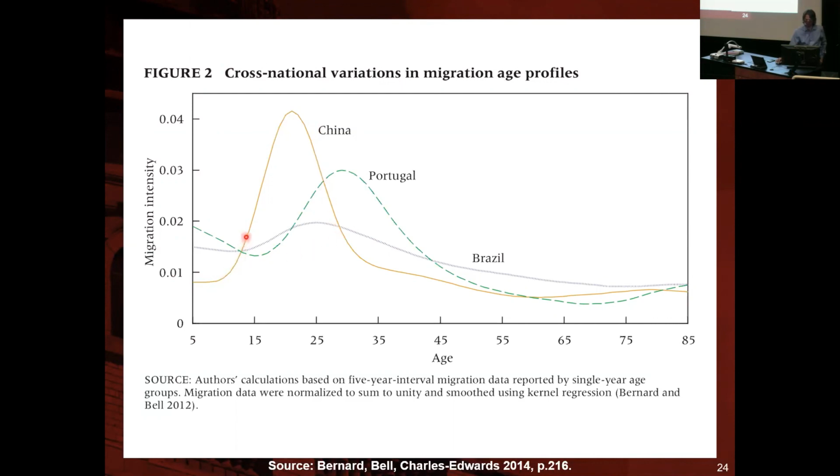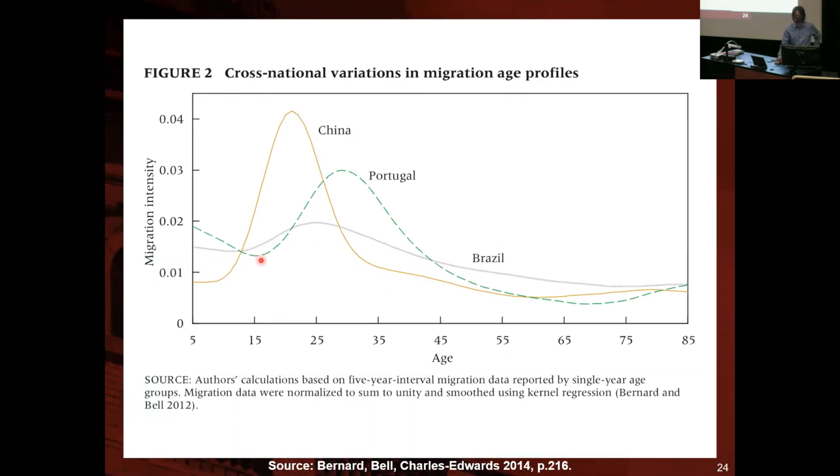And you see that this migration from China is at younger ages than in Portugal and in Brazil, because these are people moving from rural to urban areas in China, looking for higher education. And once they stay there, they get a job, and then their chances to migrate again decline.